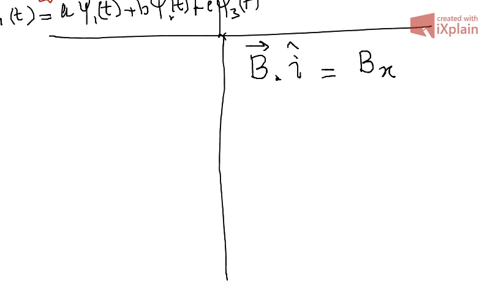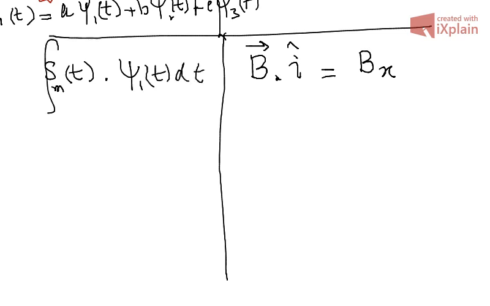So in the same way, we discuss for signals that we have a three-dimensional signal Sm of t, and if we find its dot product with psi1 of t, from minus infinity to plus infinity, this would give me the component of Sm of t along psi1, which I have mentioned above, a.